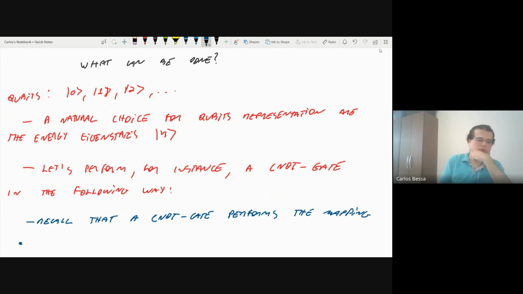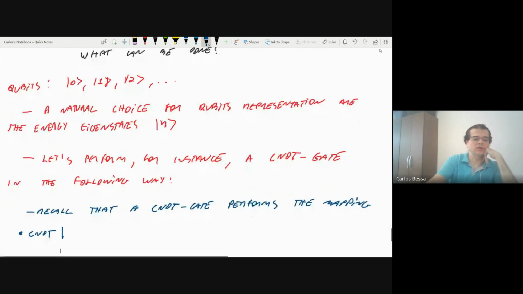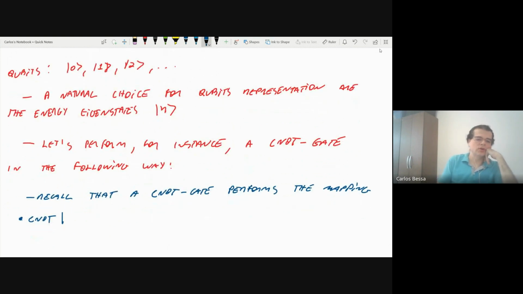Just to remember here, the C0 gate, when applied to, let's say, 2 qubits, right? So when applied to something like this, 0, 0, where this is the target qubit, and the other is the control.